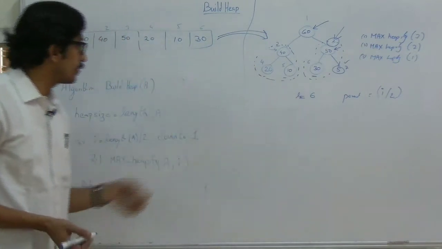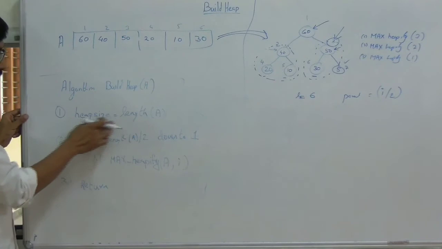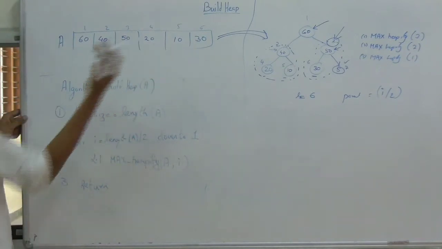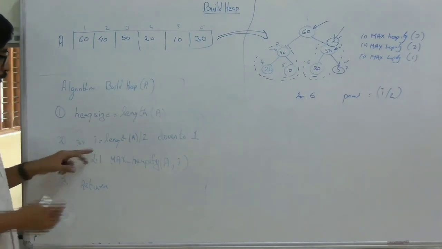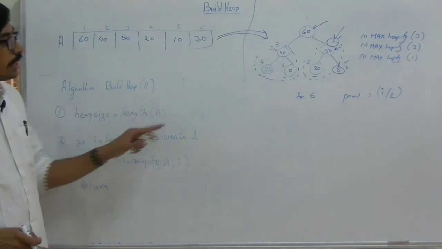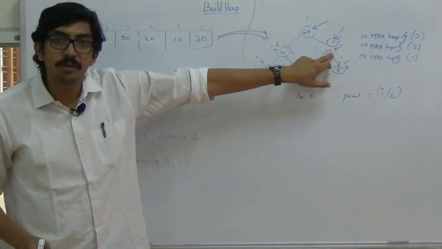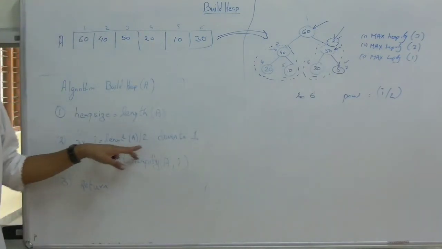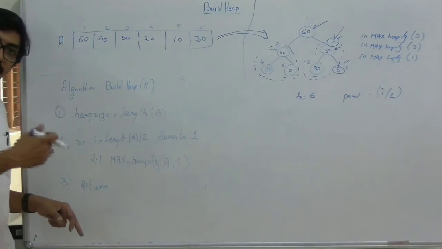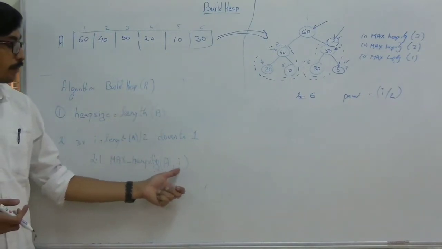Now we will see the algorithm for how to build a heap. First, we set heap size as length of A. In this example it will be 6 or 7. Now for i equal to length of A by 2, which means we start at the first parent, and then we move up to 1, which means we decrement by 1 until we reach 1, and we call Max Heapify A of i.